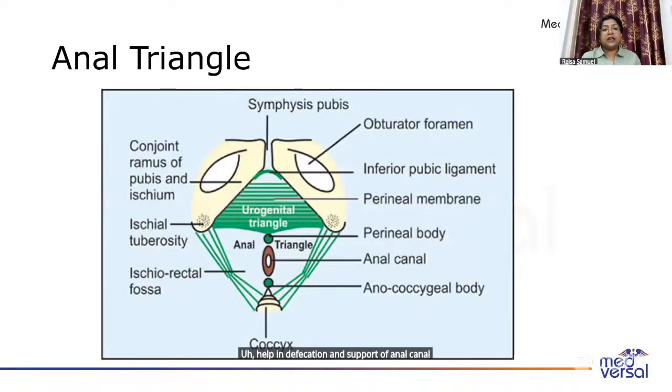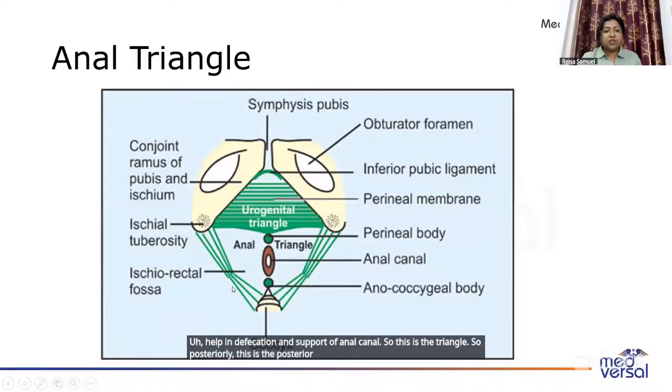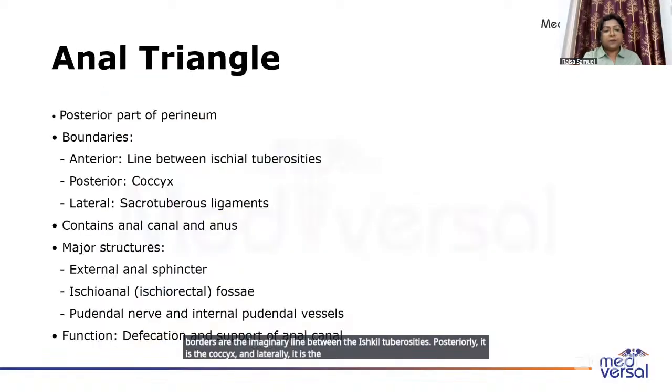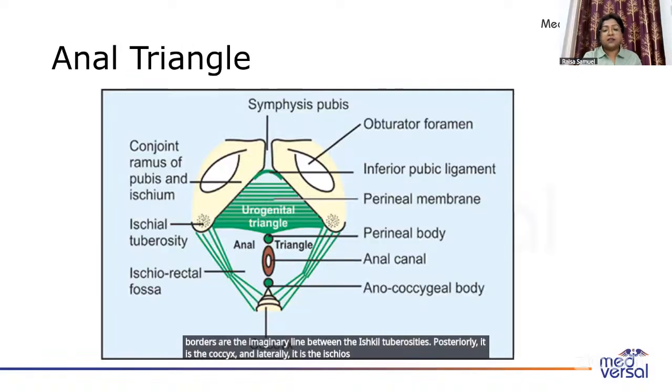So this is the anal triangle, the posterior triangle. Its borders are the imaginary line between the ischial tuberosities, posteriorly the coccyx, and laterally the sacrotuberous ligaments.